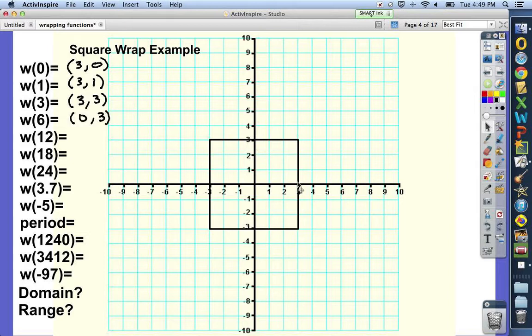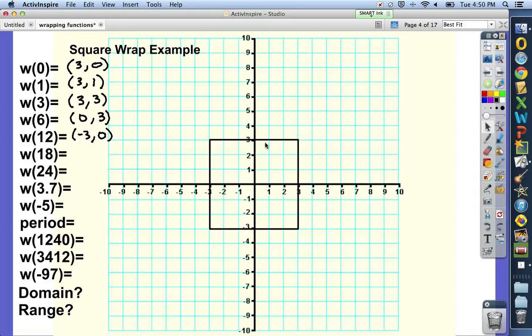Next, a wrap of 12. Now here's where we can start using some symmetry. We knew a wrap of 6 was 1, 2, 3, 4, 5, 6 there. Well, since the figure is symmetric, it's going to be another 6 over to here. So a wrap of 12 simply takes us to the point -3, 0. Again, using our symmetry and knowledge of a square, this little piece over here on the right is going to be the same size as the piece down here.